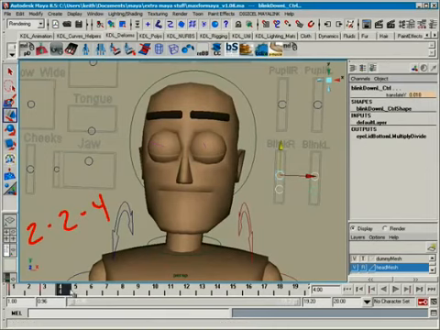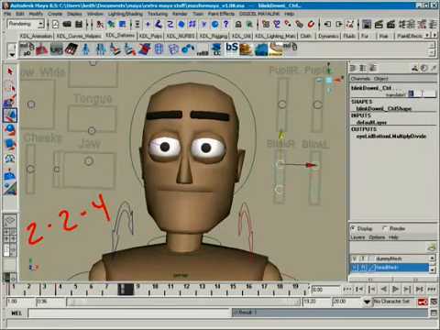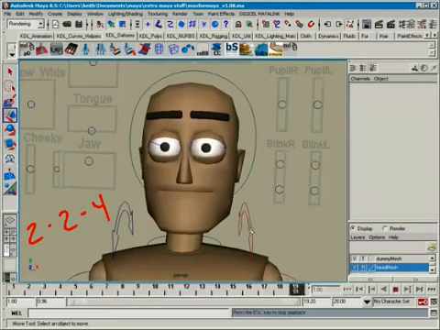So 1, 2, 3, 4 to open. Okay. There you go. For the basics, okay.